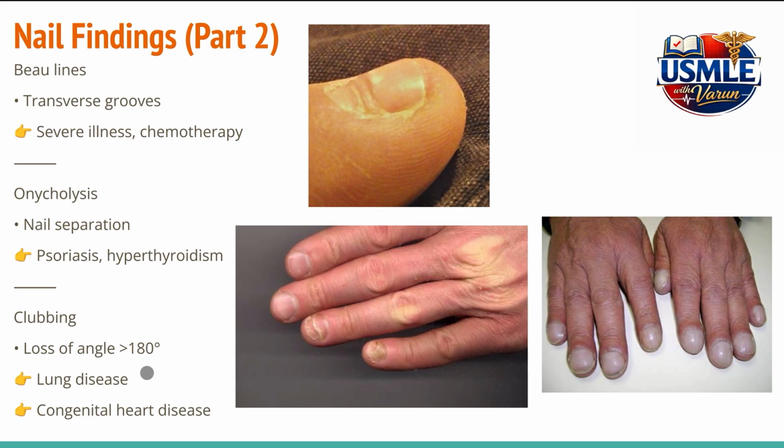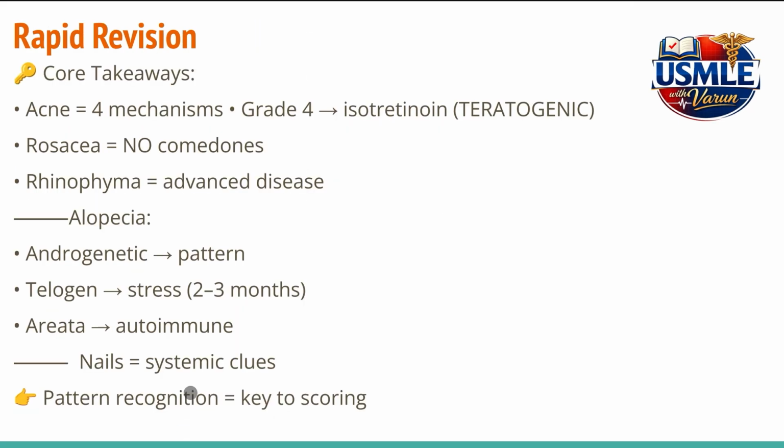This is characterized by loss of the normal angle between the nail and the nail bed. That angle is also called the Lovibond angle. Whenever this angle is greater than 180 degrees, you need to think about the possibility of clubbing. Clubbing is associated with chronic hypoxia, especially in lung diseases and also in congenital heart disease. So nails are essentially very important and helpful systemic clues.